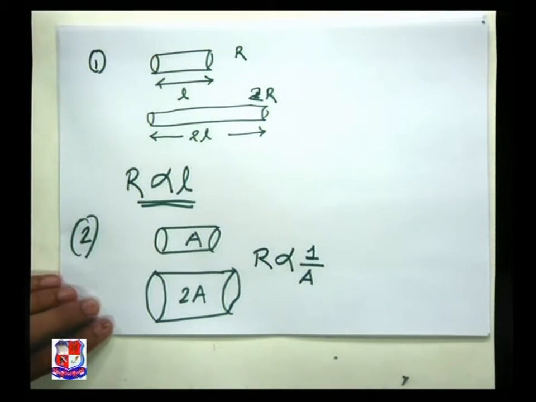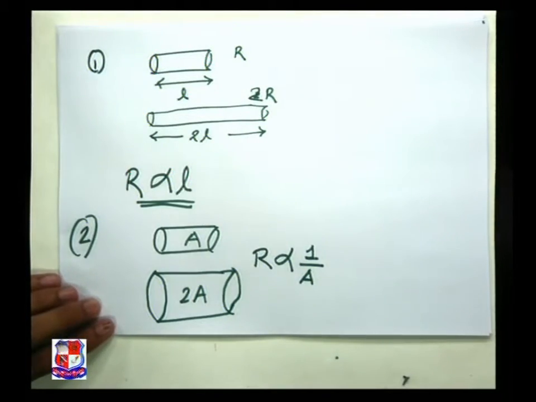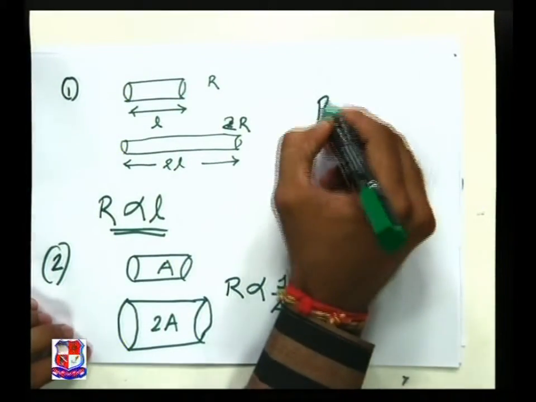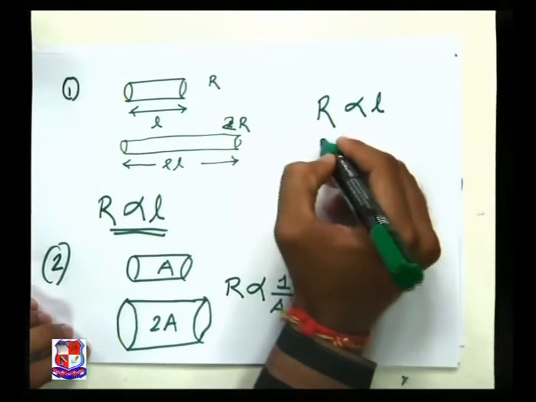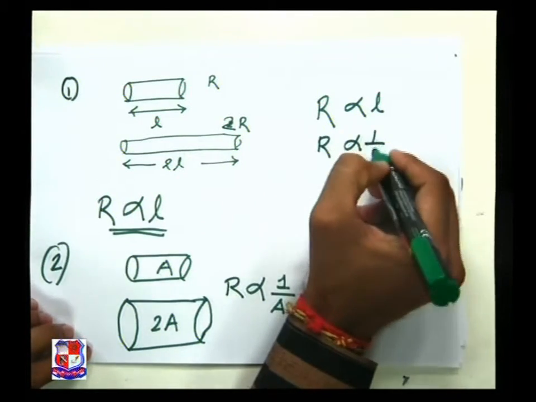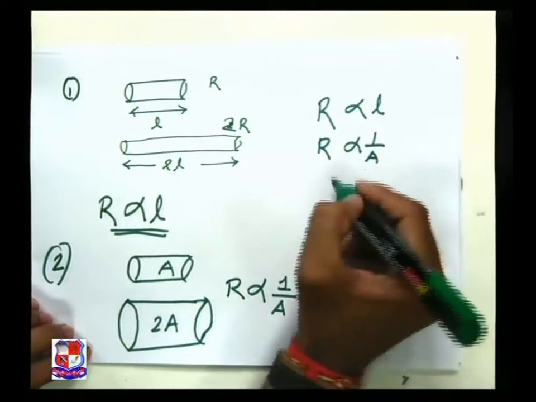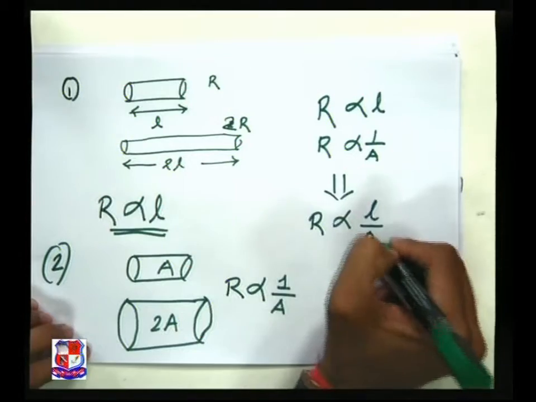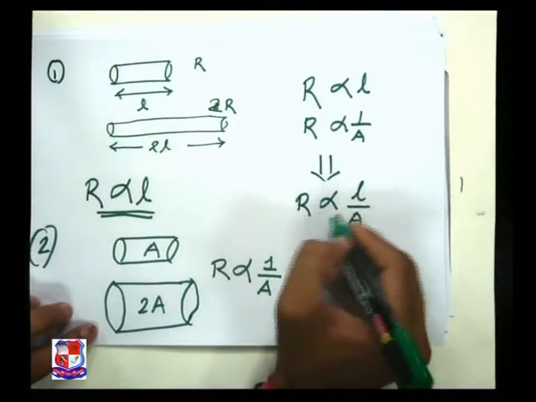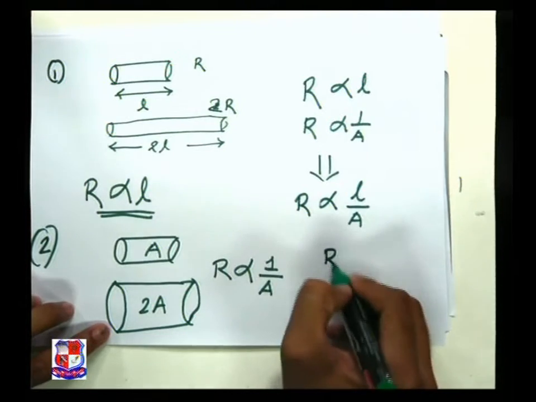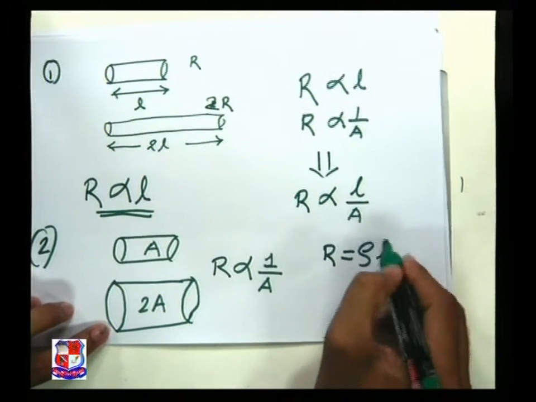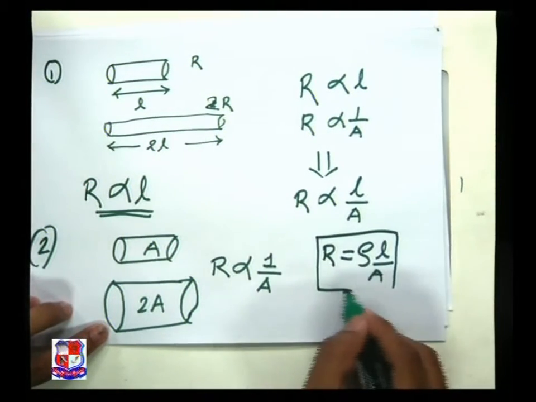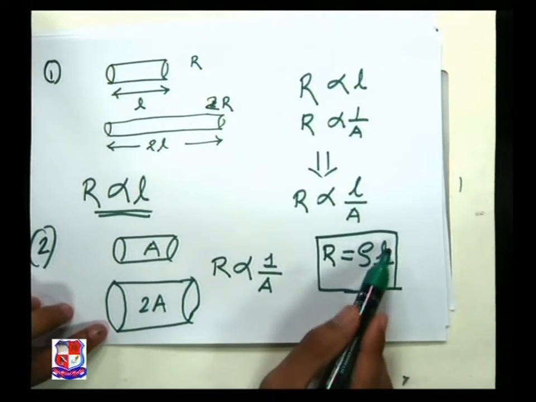Combining 1 and 2, resistance is directly proportional to length and inversely proportional to area, so resistance is proportional to L upon A. If we remove the proportionality sign, we put R equal to rho L upon A. We will discuss this equation later.